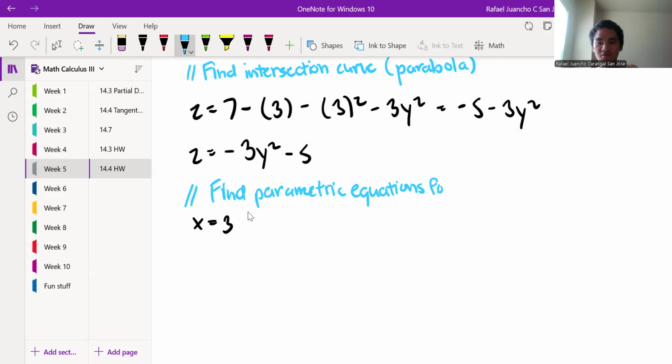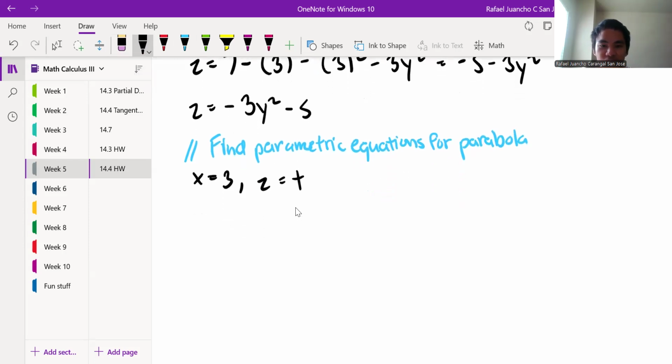Oh, so for the parabola, my x is 3. And so that means my y, or no, not my y, my z is equal to t. And so now I have two things for y. Ah, shoot.